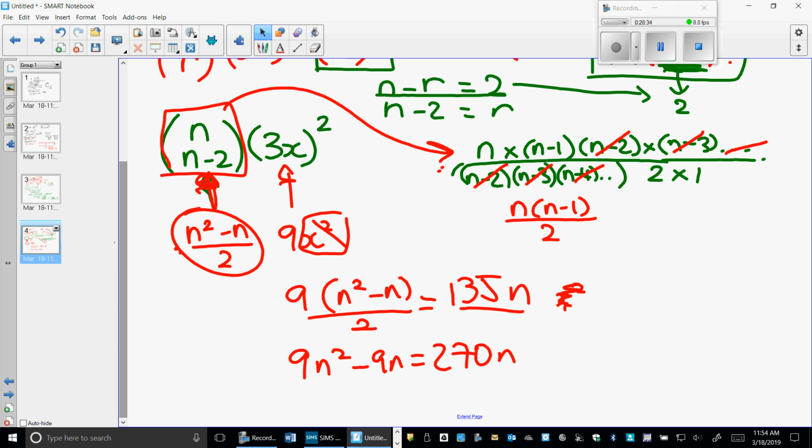It says the coefficient of this was this. So we don't need to include the x squared, because we're just saying that this is equal to this. Because what's the coefficient of this? It's all of this stuff, isn't it? So that is what's equal to that.